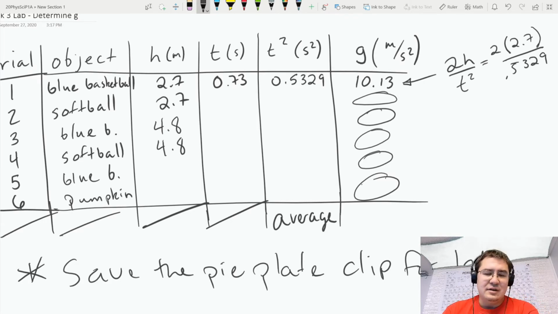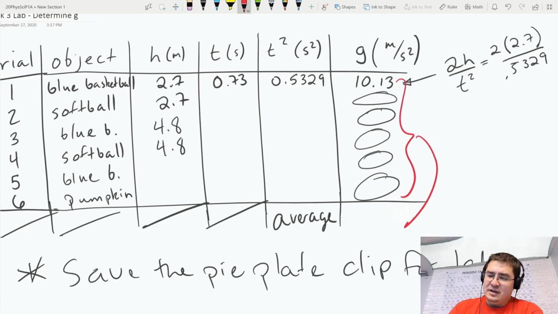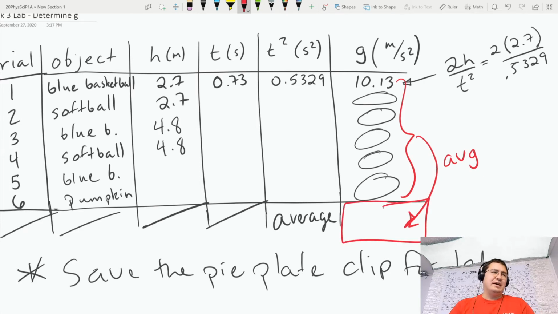So here's the point of the lab. Once you have these 6 values, you're going to average, right? And report the average value for G from those 6 clips. And Mr. England and I have kind of checked out what the results were. So hopefully your answer is in agreement with what we calculated.